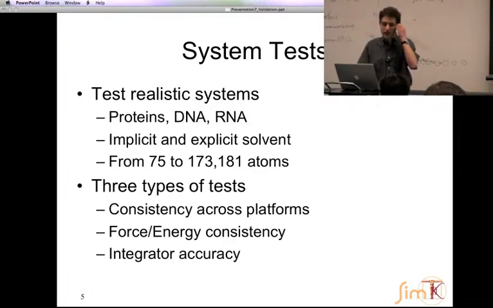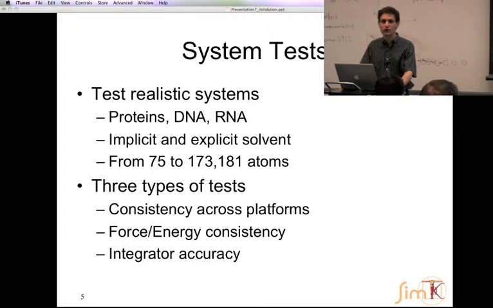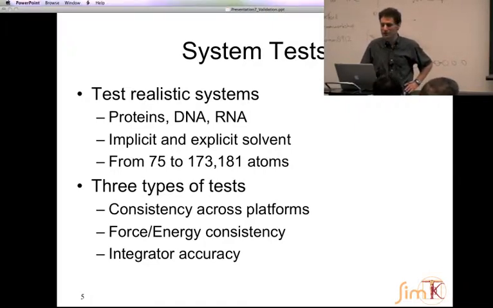All of the system tests use realistic test systems: proteins, DNA, RNA. We have ones with both implicit and explicit solvent, and they cover a huge range of system sizes, from the smallest ones at 75 atoms, all the way up to the biggest ones at 173,000 atoms.